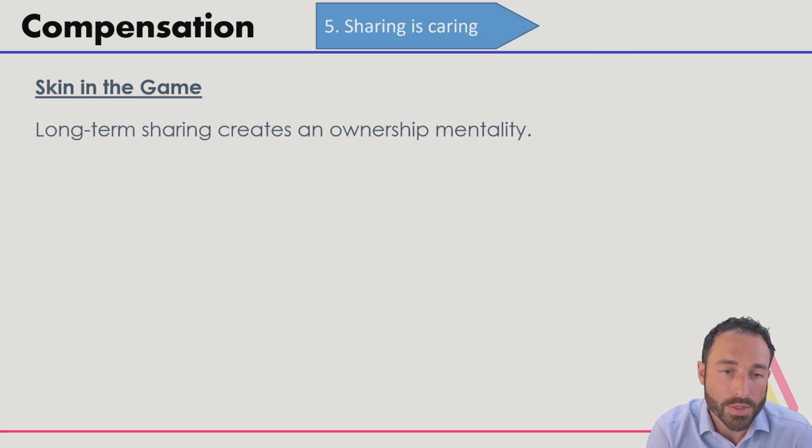Okay, our final section here is called Sharing is Caring, and the principle here is getting people into an ownership mentality in the business. So getting people to feel that they have skin in the game.